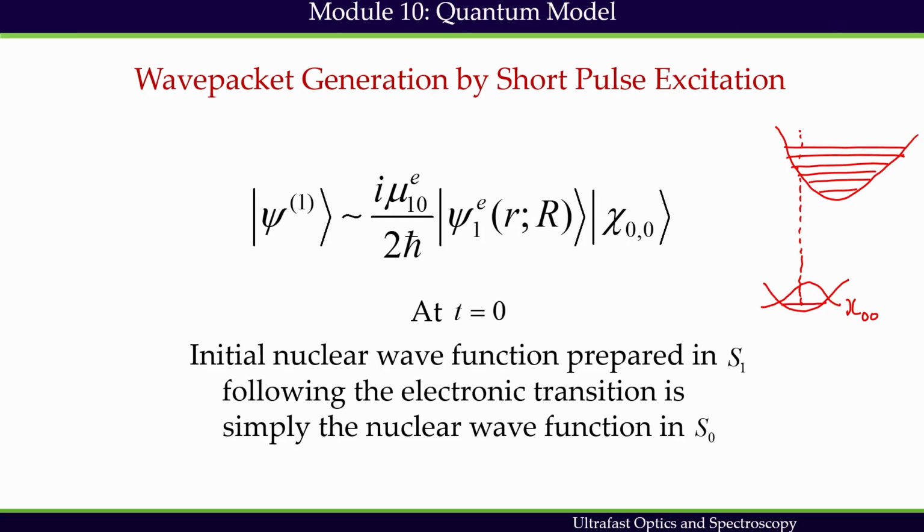So, the final wave function, how does it look like? It will be a superposition of all states, n number of states we are considering, 0, 1, 2, and so on.